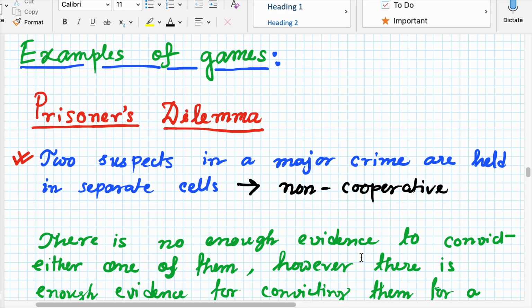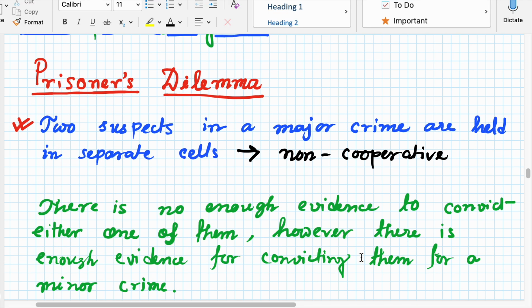Now what they will do is take these two prisoners into two separate rooms, and present some conditions in such a way that the prisoners will feel that free riding, or defecting, or confessing their crime will be more beneficial, even though if they do not confess, they already know there is not enough evidence to get them convicted for a major crime.